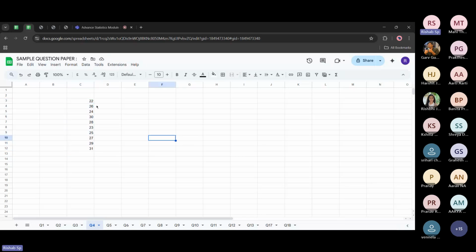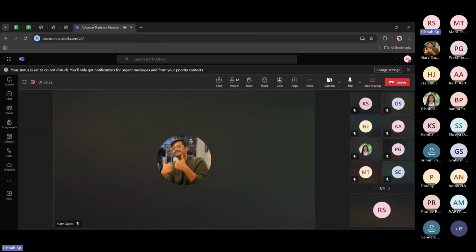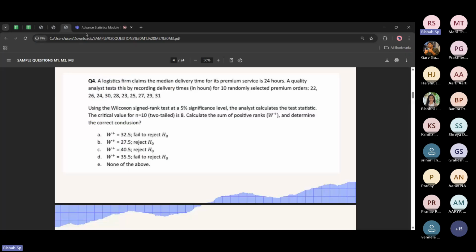We have 10 numbers here. I think we'll also give a name A, B, up to J, just to represent each value. These are our values. What is the median? The median is 24, right?